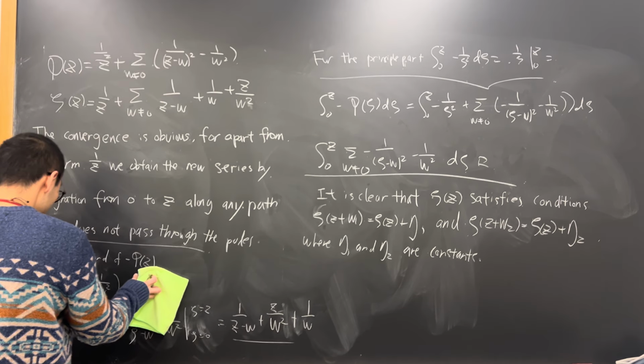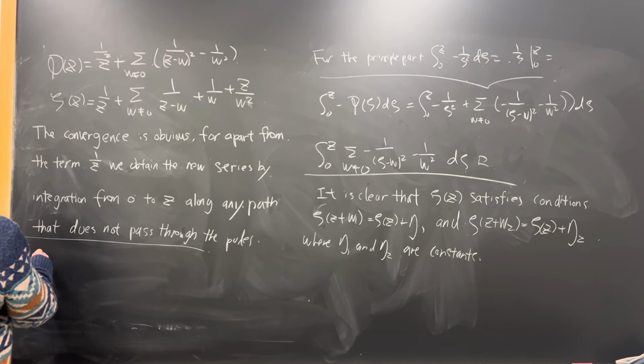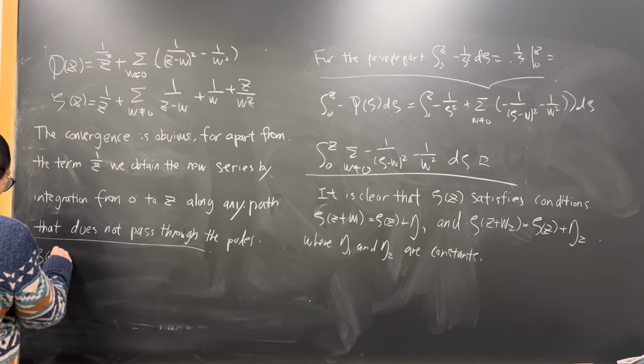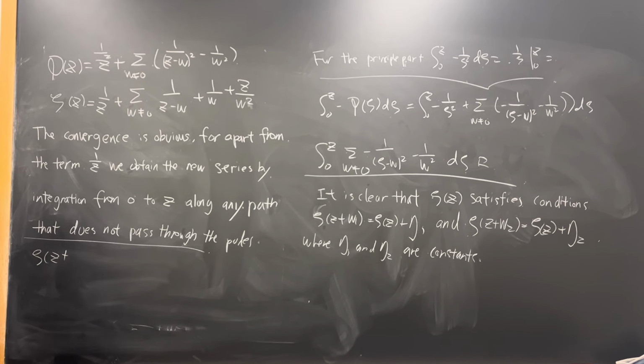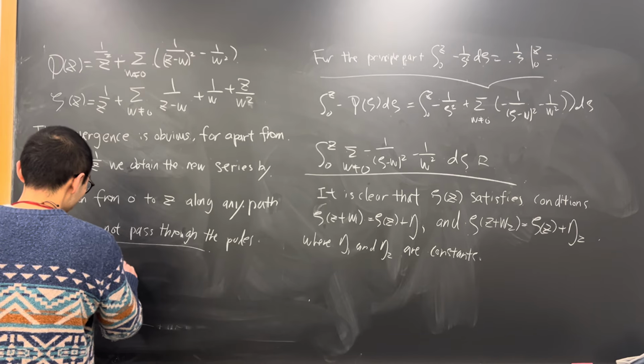So if you put, let's say, z plus omega 1, okay, so 1 over z plus omega 1.